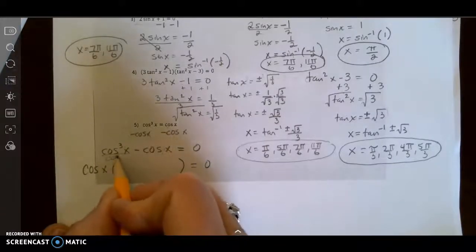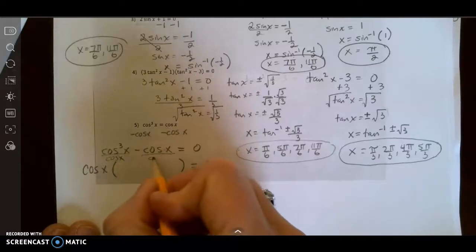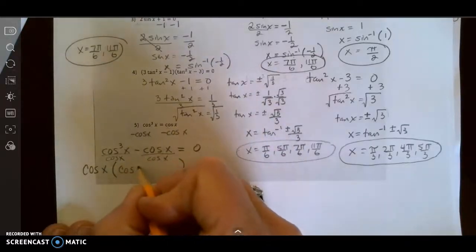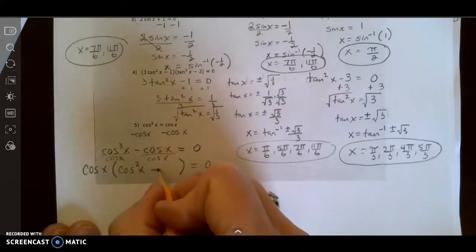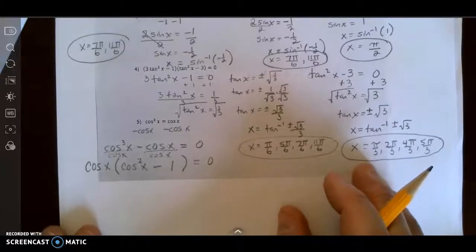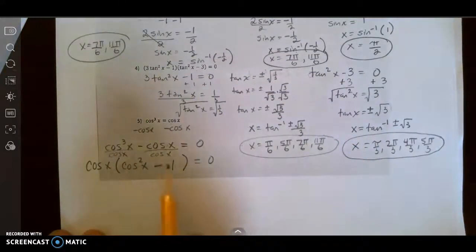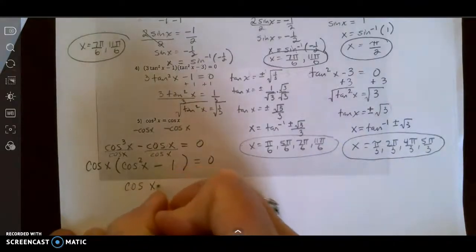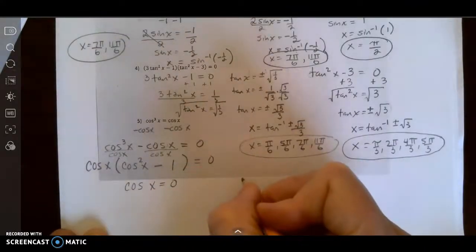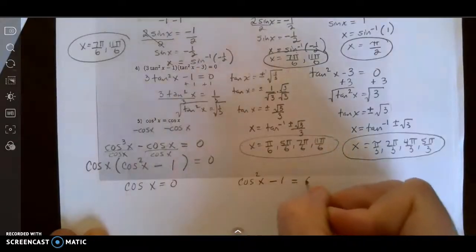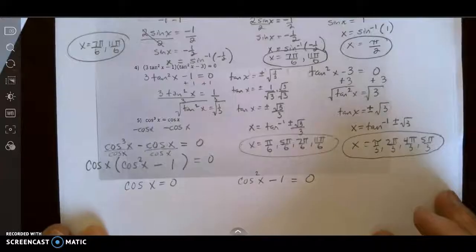If I divided this by the cosine of x, and this by the cosine of x, I'd be left with cosine of x squared minus 1. Now what I can do is set each of these factors equal to 0. Cosine of x equals 0, and cosine squared of x minus 1 equals 0.